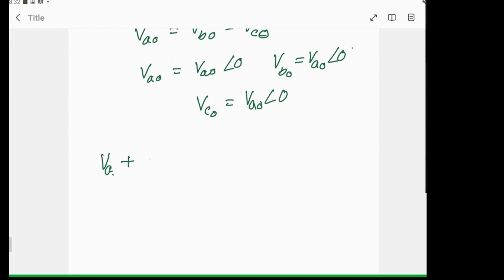Then I have to add the zero sequence, and then I will have to add the positive sequence.